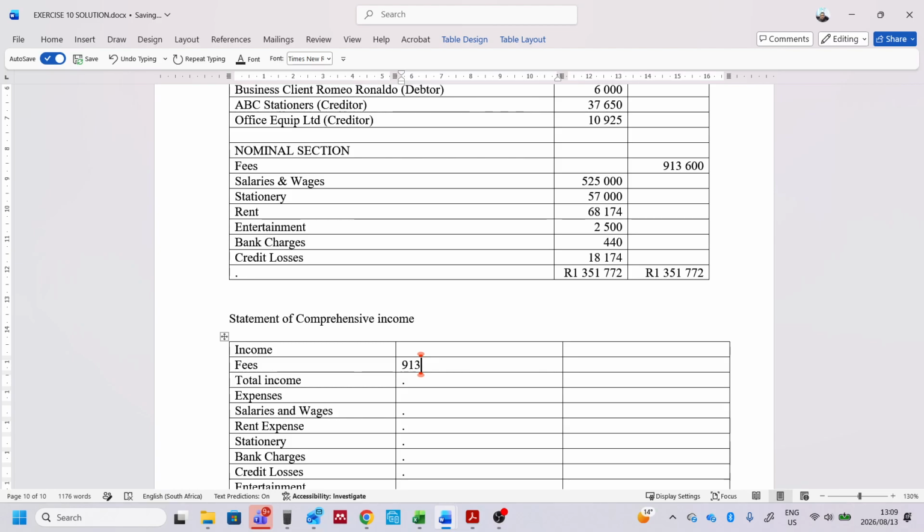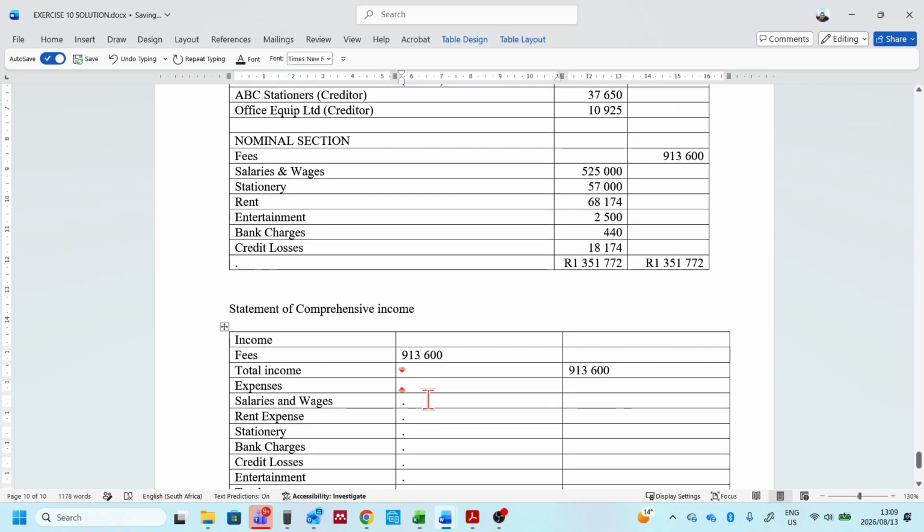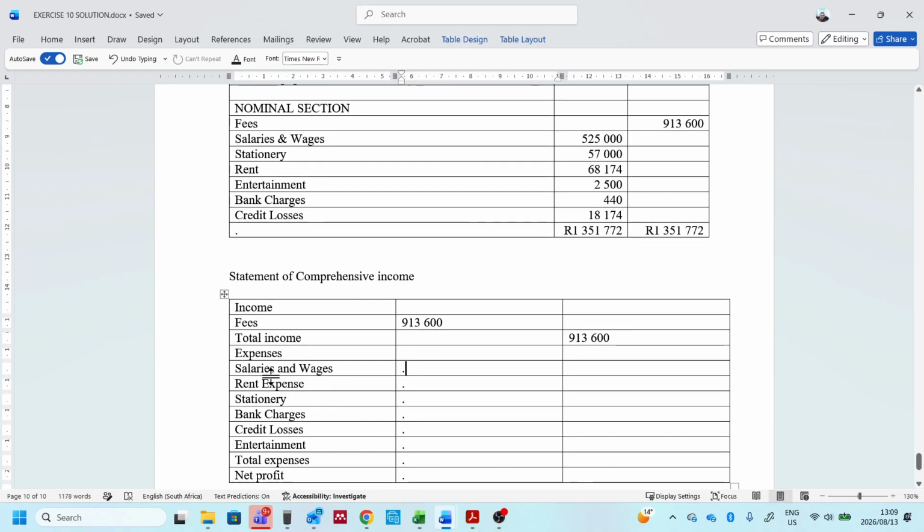You can use the one column and say 913,600. And the total income, you'll show on this side that the total income is 913,600. If you're given one column, just show it under the same amount. Then for expenses, we're gonna come and highlight all these expenses.